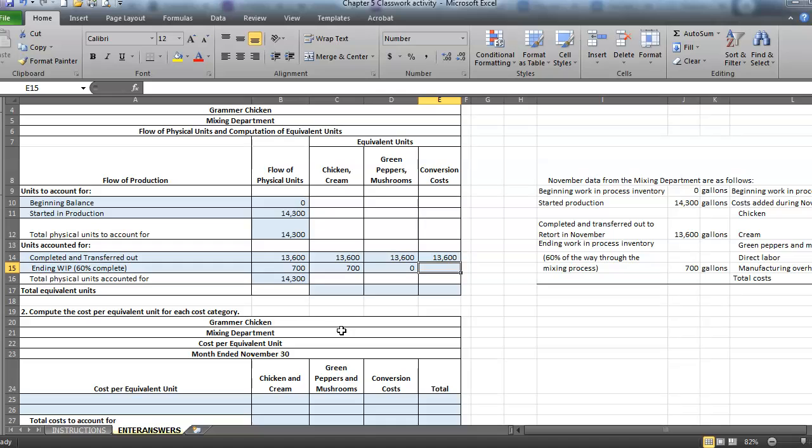And if we're at 60%, we want to take 60% of that number to come up with our conversion costs. And I'm just going to do my little calculation. The most important thing here is knowing what the numbers are and why they are important. Okay, let me re-add.